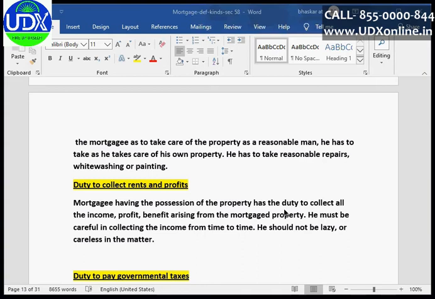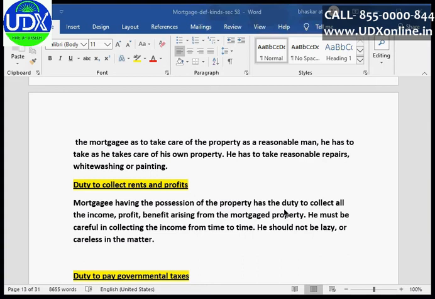In the modern world, generally the benefit is the rent in the form of money, the monthly rent or annual rent. Or in case of agricultural land, the sharing of crops, sharing of food grains that has been grown in that land. It is called the profit.